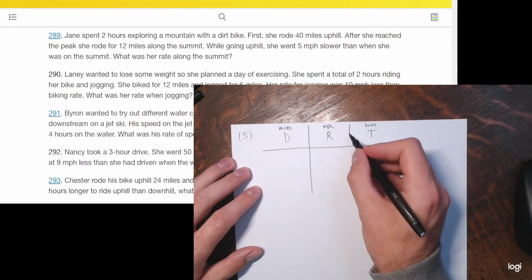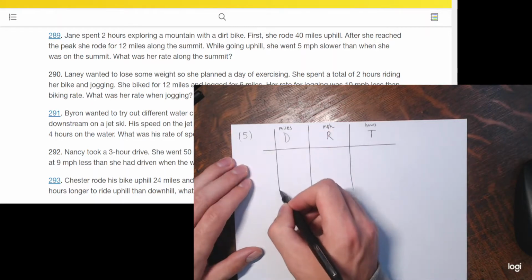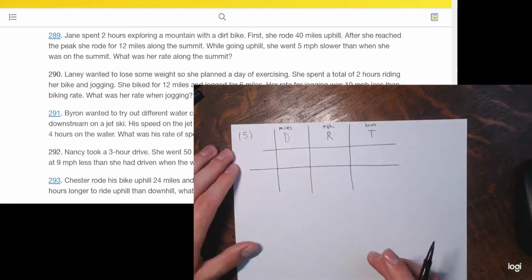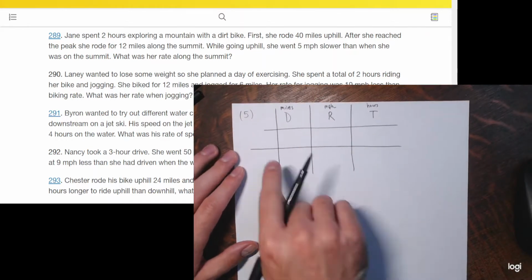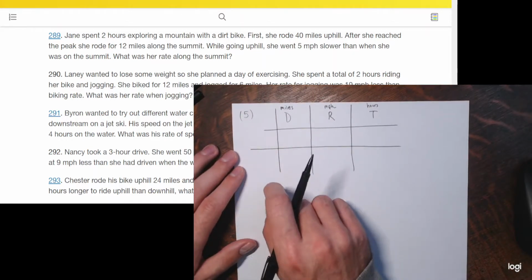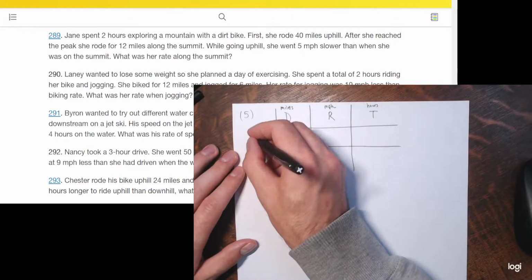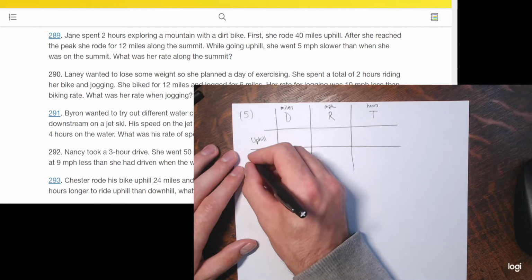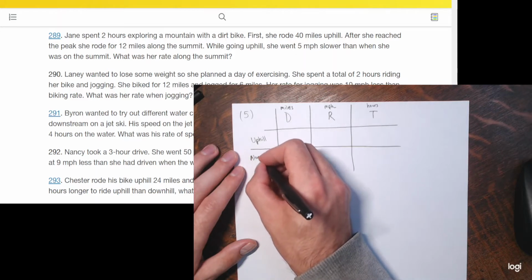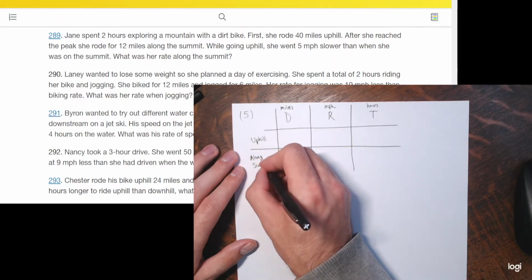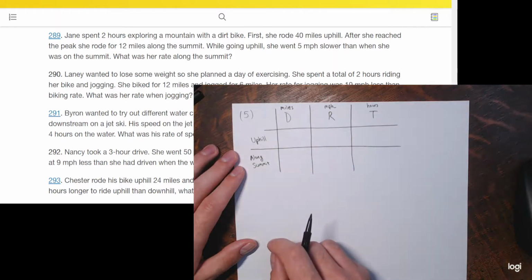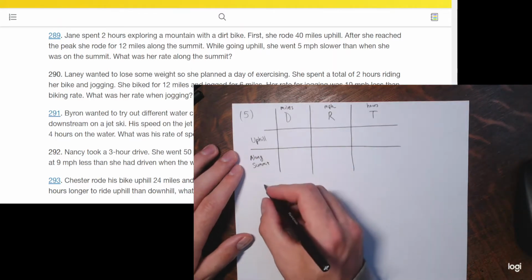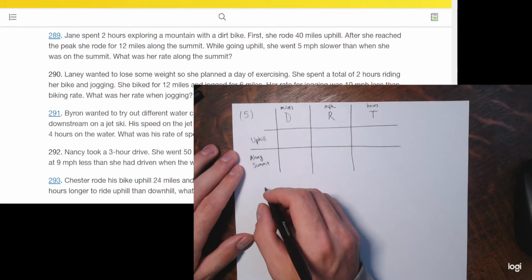You're going to get tired of seeing me do this. Alright, 3 columns, and then again the 2 trips, 2 different types of traveling. We have her trip uphill, and then her trip along the summit. And they want us to find her rate along the summit.